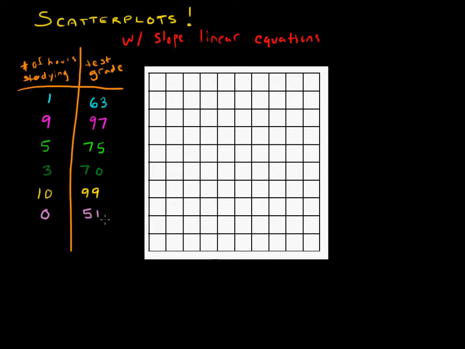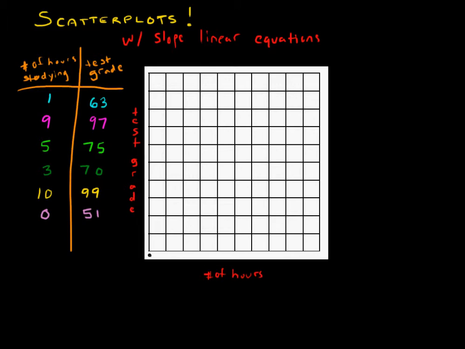So let's go ahead and graph these data values on our graph. So we're going to need to label our graph. Let's say the x-axis is the number of hours studying, and on the y-axis, that's going to be the test grade. All right, so let's label that real quick.